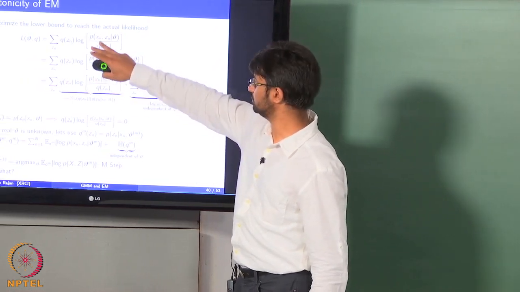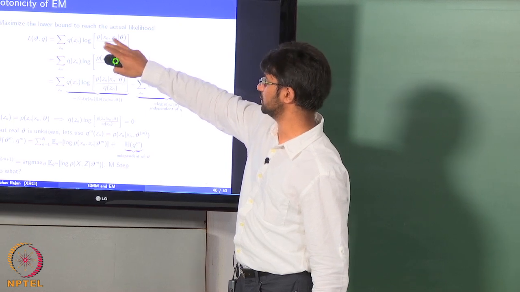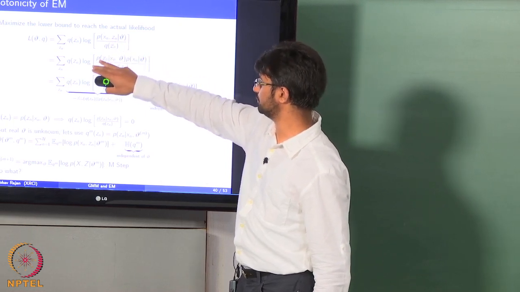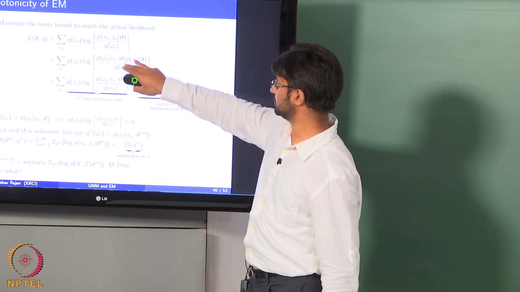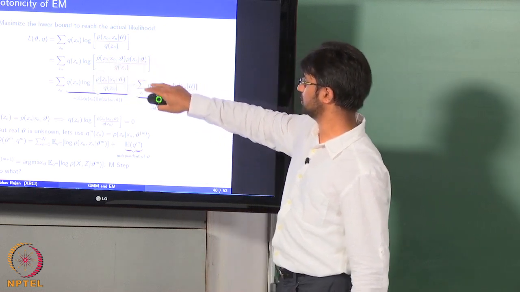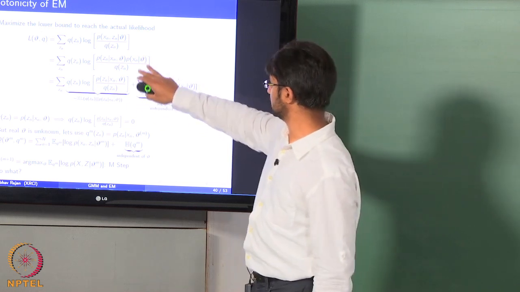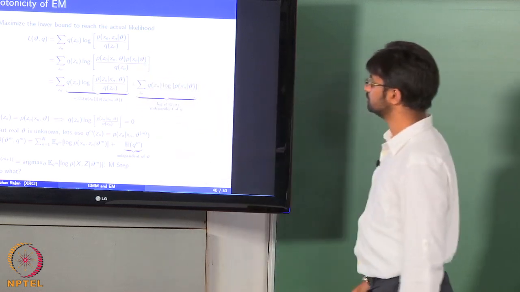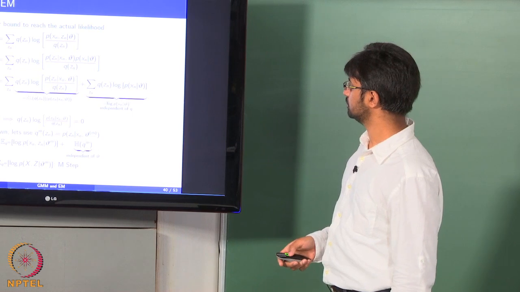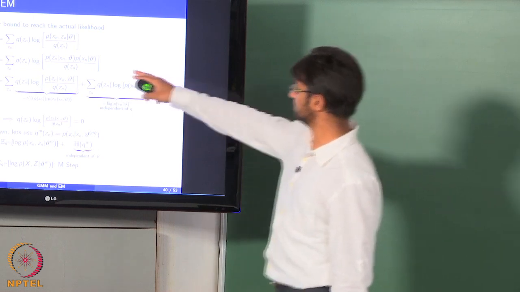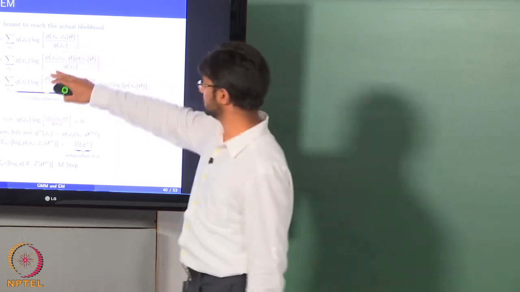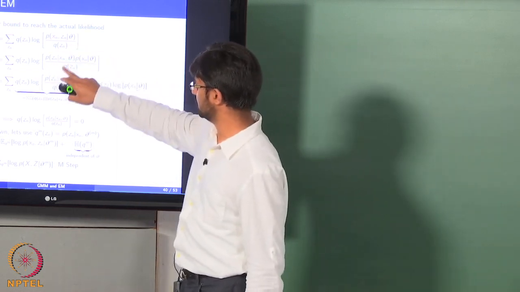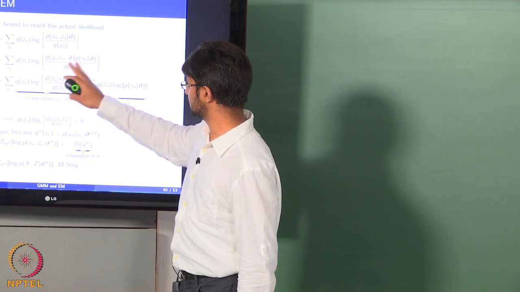So the joint probability of xn, zn is just the probability of zn given xn and theta, times the probability of xn. This is just a factorization of this probability.